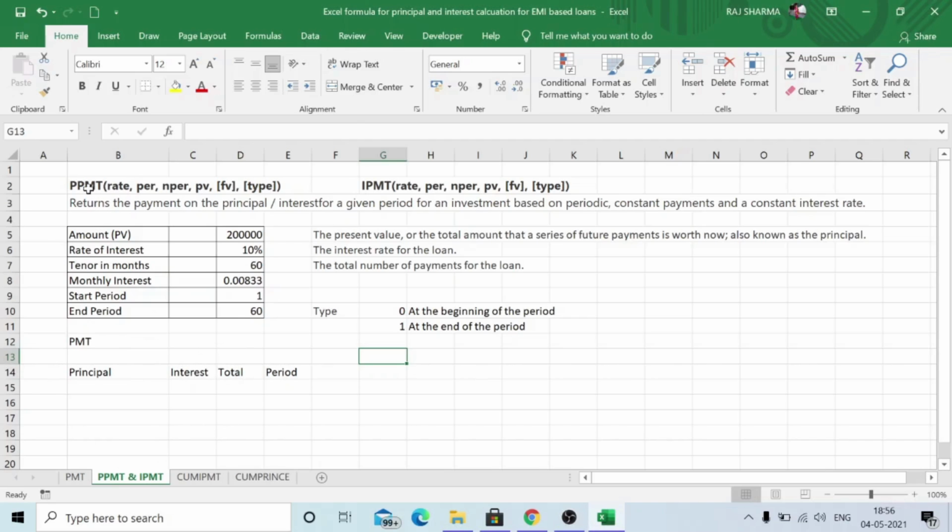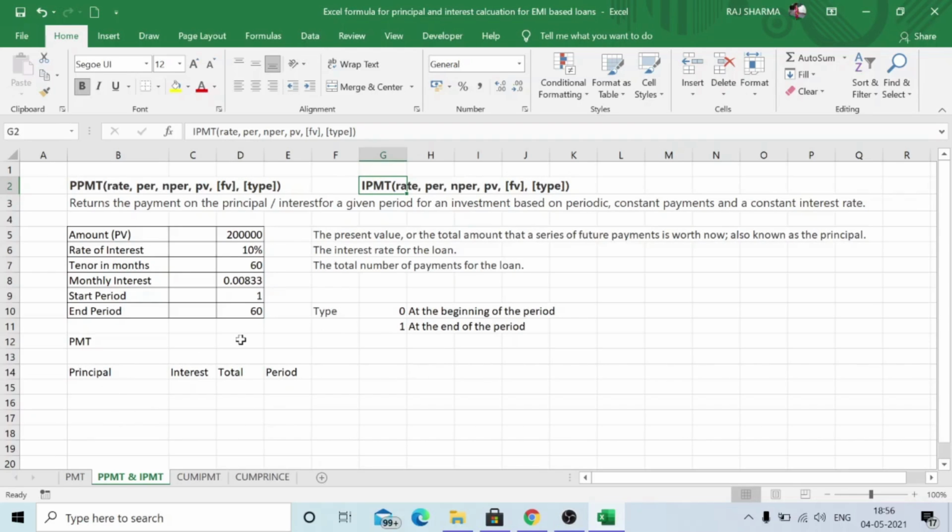The formula for working out the principal is PPMT: rate, then per, then NPER, then present value, future value, and type. And similarly, IPMT is also the same. Now we will be working out, and simultaneously I will be elaborating all these things which are being used in this formula.